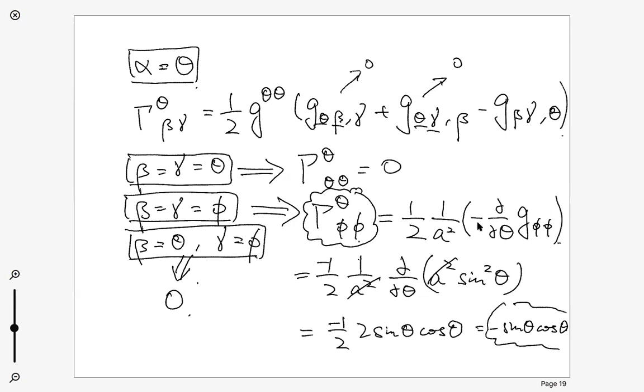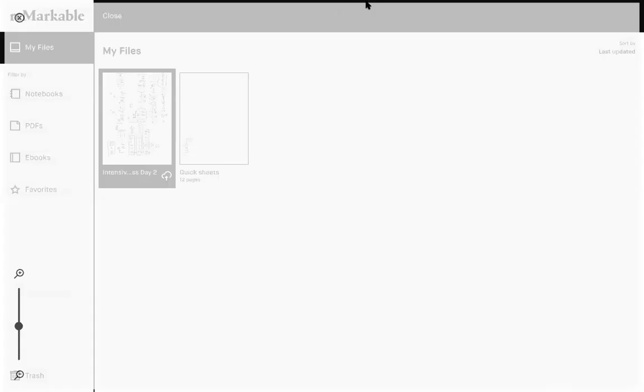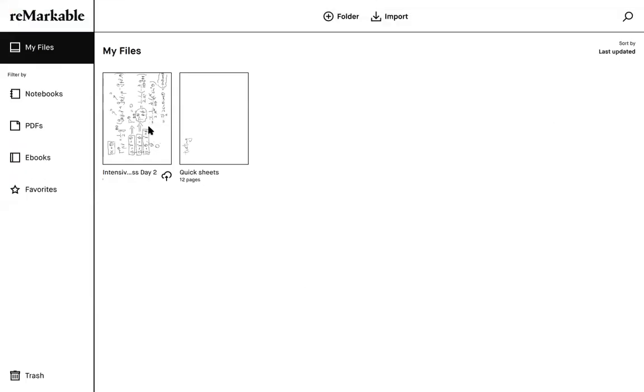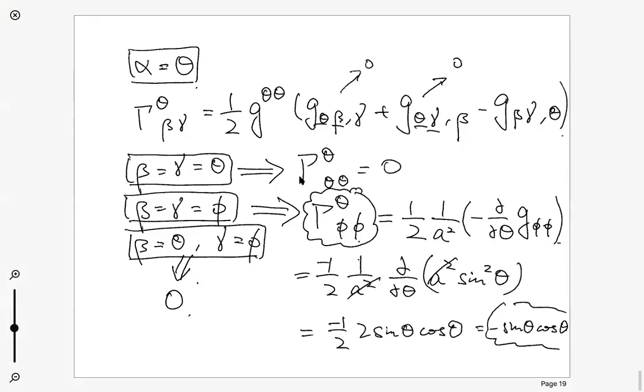But some are tricky. Some are not 0 at all. Like this one here, the theta phi phi component, they are not 0. Even for the alpha equal phi case, things will be the same. So I think I won't spend time here to do this case.